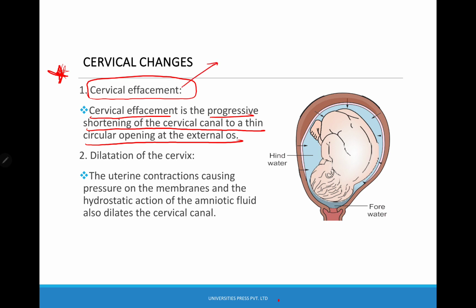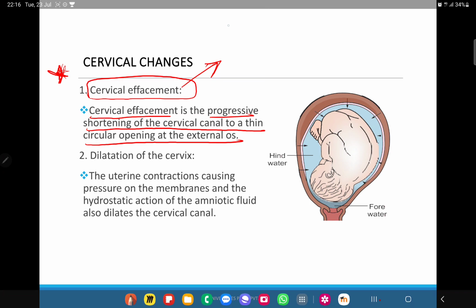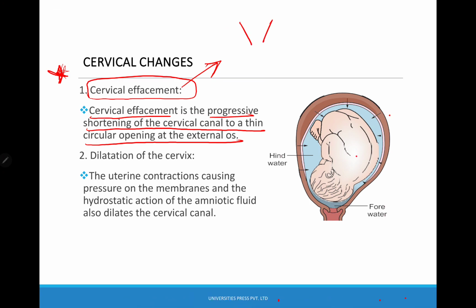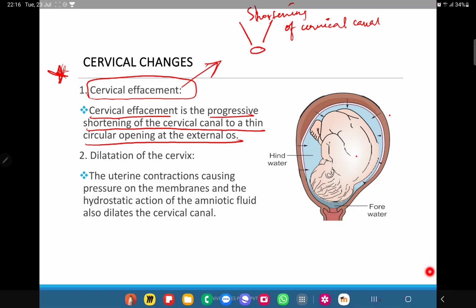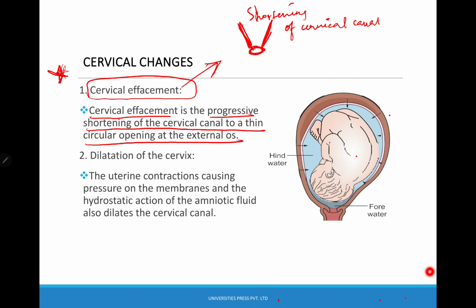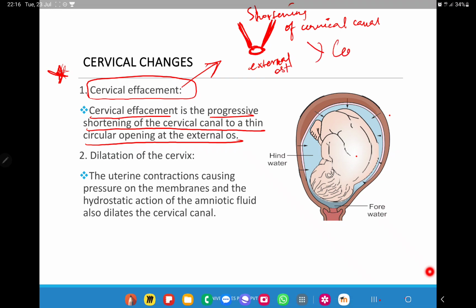This is the cervical canal, so there is going to be shortening of the cervical canal to a very thin circular opening at the external os. This is known as cervical effacement.